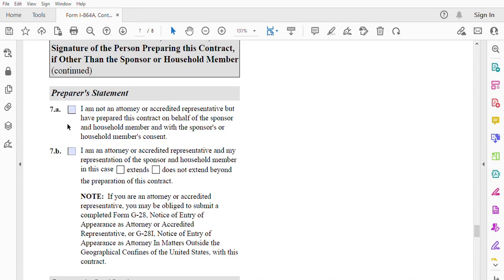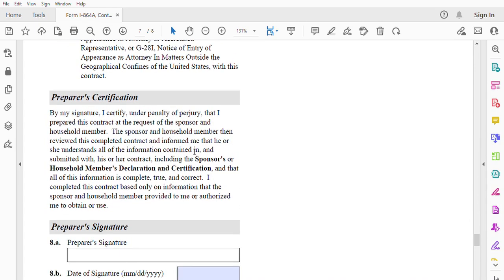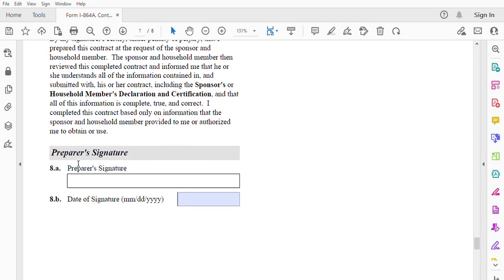If he's an attorney or just a regular person: I'm not an attorney or accredited representative, but I have prepared this contract on behalf of my sponsor and household member, and with such sponsor or household member's consent. Preparer certification, if you used one, same thing. The preparer must date it, and when he prints it, then he or she signs it.